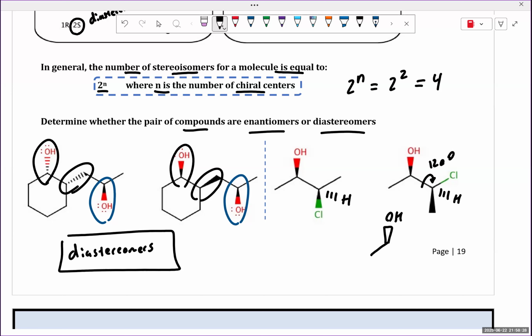So if I rotate these substituents 120 degrees, the methyl group ends up drawn in the position of the chlorine, the hydrogen ends up in the position of the methyl group, and the chlorine ends up in the position of the hydrogen. You can also think of it as you swapped the chlorine and the hydrogen, and then you decided to swap the hydrogen and the methyl group. That's another way to think about it.